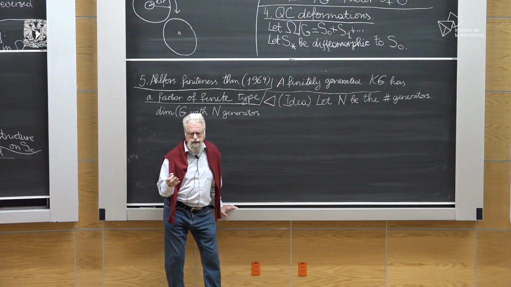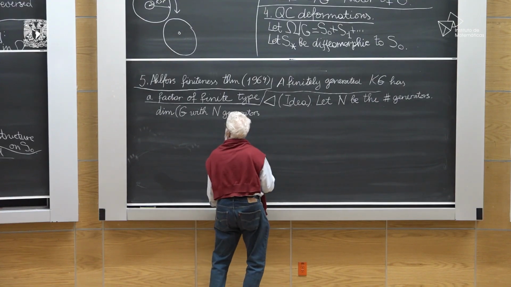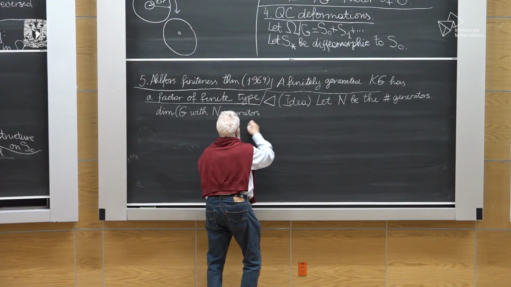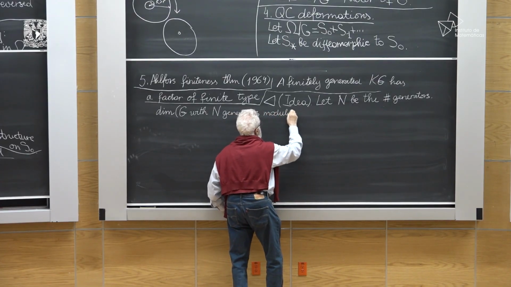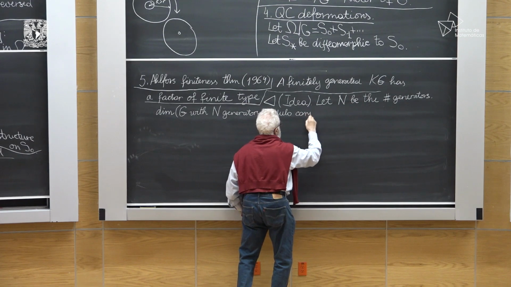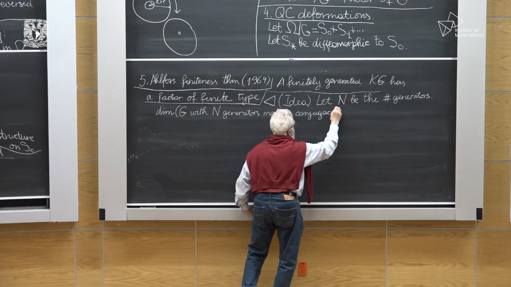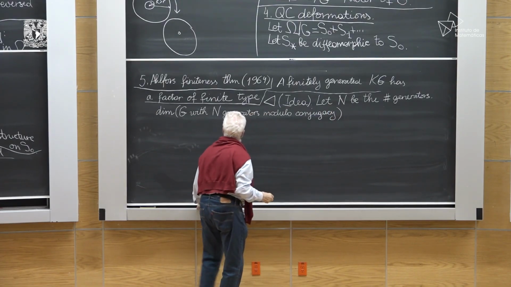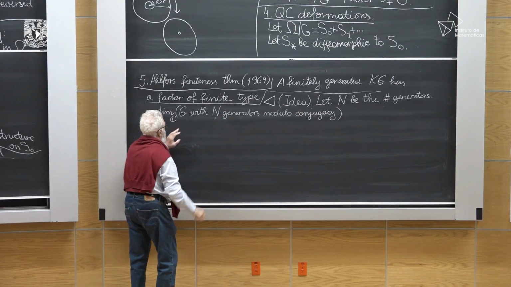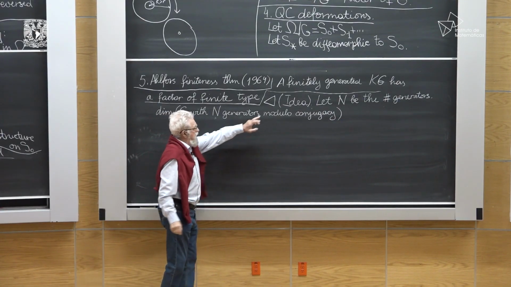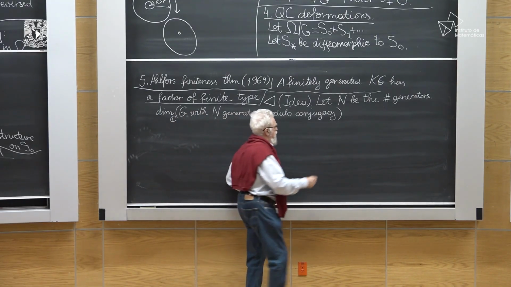So I consider a group G with n generators modulo conjugacy by a Möbius transformation. And the dimension is the following, the complex dimension: 3n for the generators minus 3 for the conjugacy.